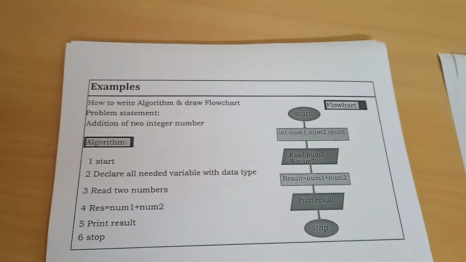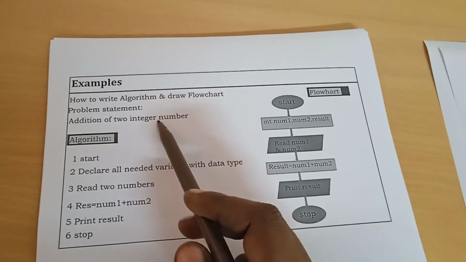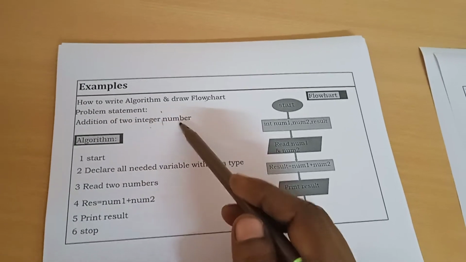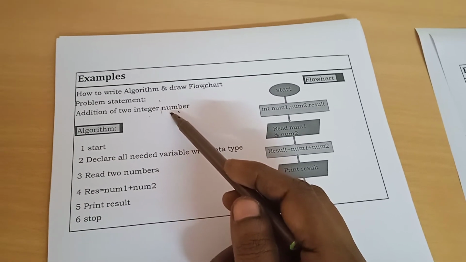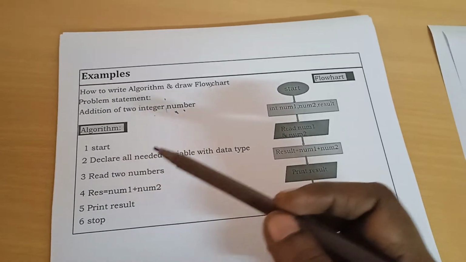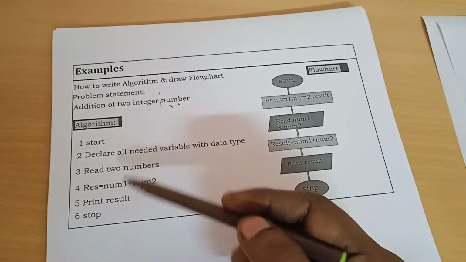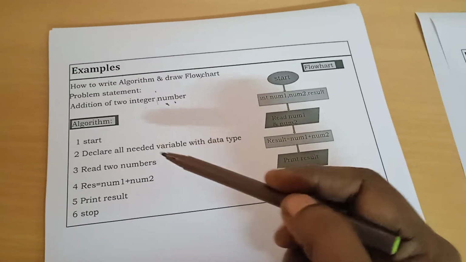So look at the other example, and this example is to write an algorithm and draw a flowchart to perform addition of two integers. So for this, we have to write an efficient algorithm. Of course, there are many steps that can be considered, but these are the steps that are unique and unambiguous, right?